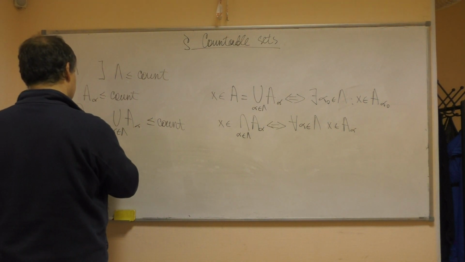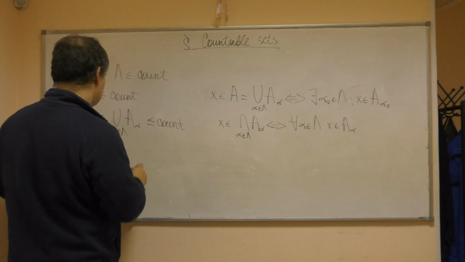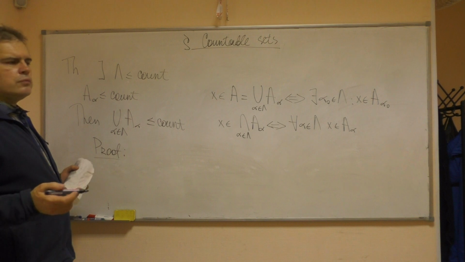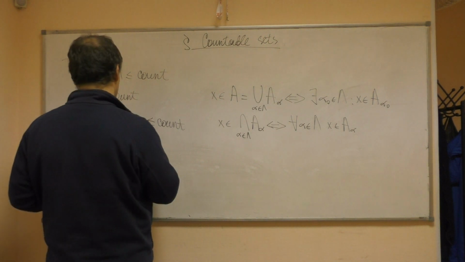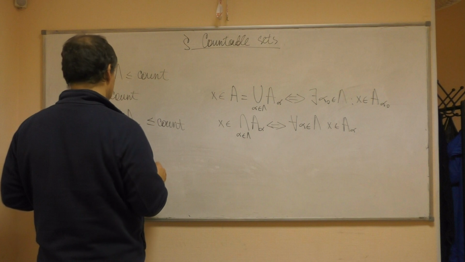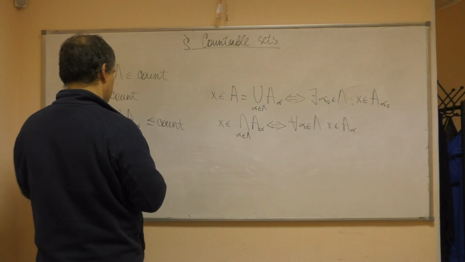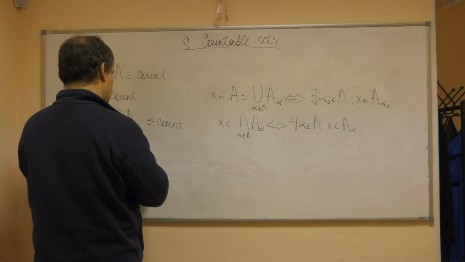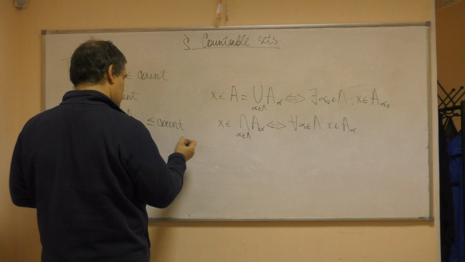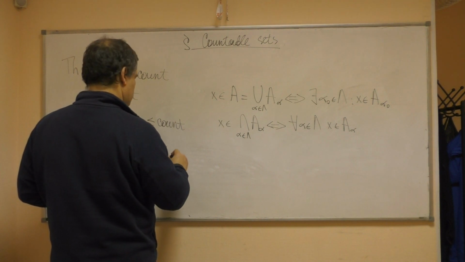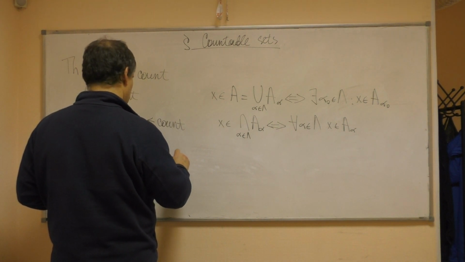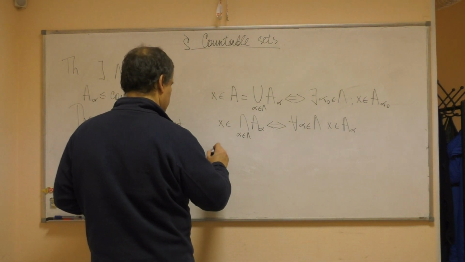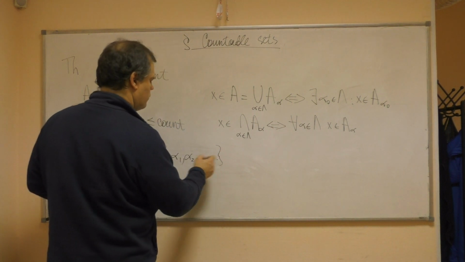Proof. We will use the same idea as for the fractions. First of all, the set of indices can be represented as some sequence of 1, of 2, and so on. Finite or infinite.